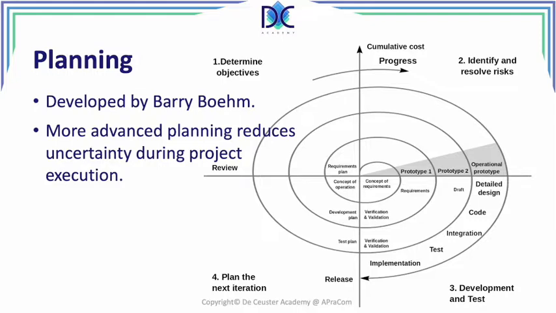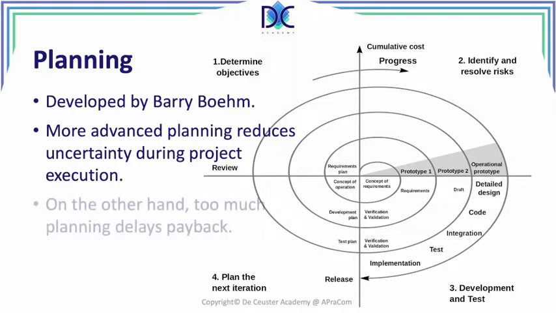It is clear when we try to do the planning, when we try to find out, it is possible that we understand the project better and we find all the different elements. On the other hand, too much planning delays the payback and it takes a longer time before we get our money back. This model helps to optimize the time for planning. What is the optimal time for planning?